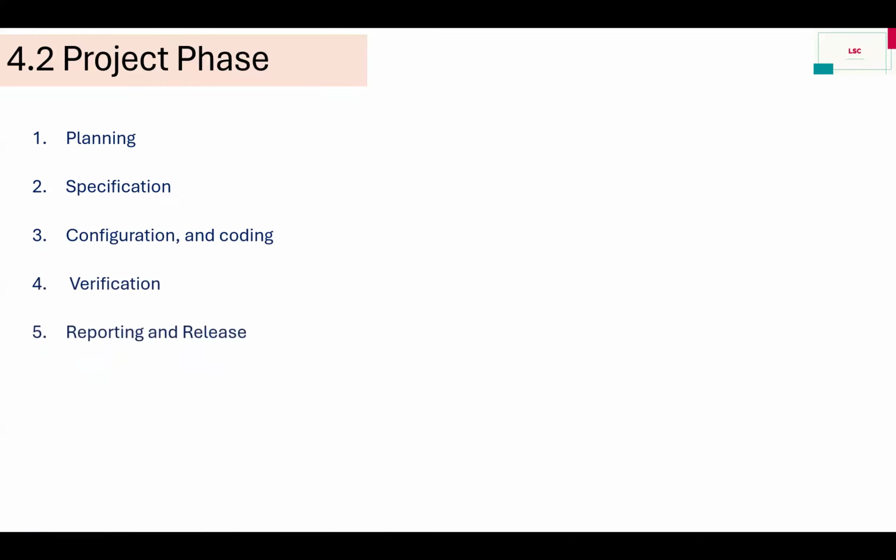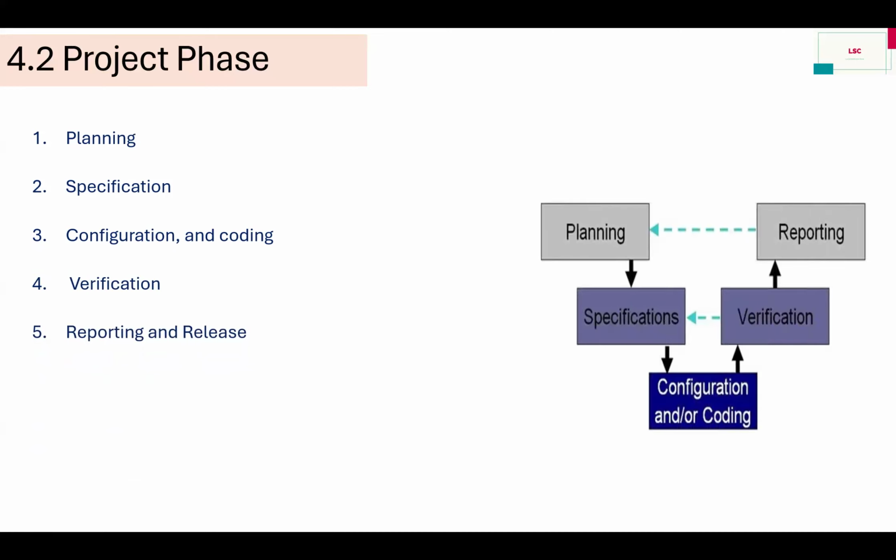So the project phase can be divided into subparts: planning, specification, configuration and coding, verification and reporting, and release. These five important subparts define your project phase very effectively.